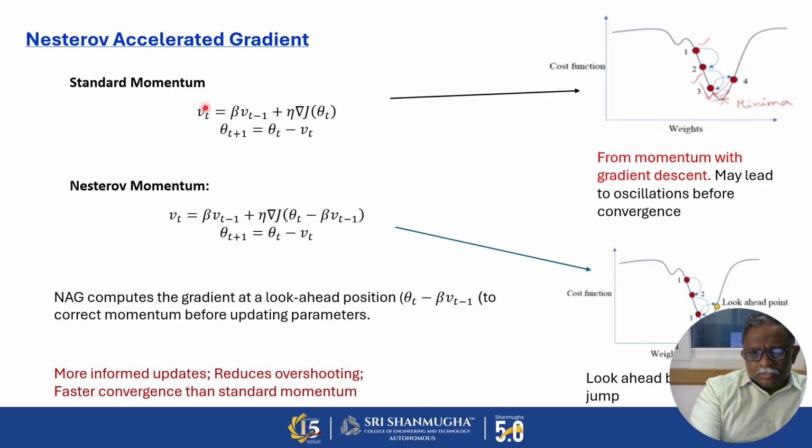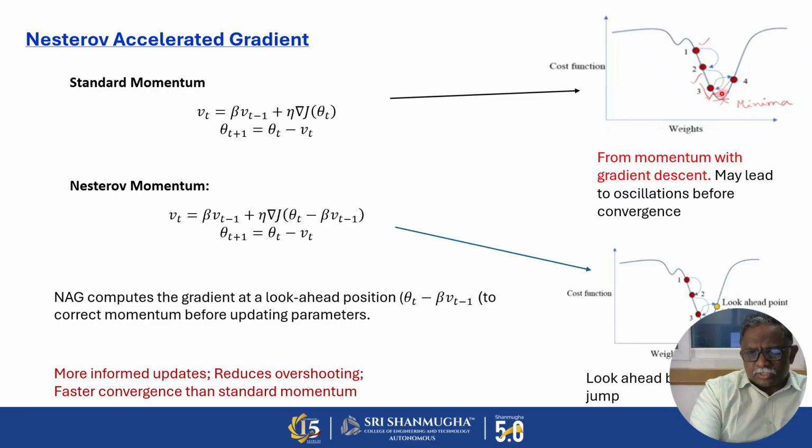Okay, so to avoid that, we use Nesterov momentum. What it does is, before jumping into the next position, it looks ahead. It considers a look-ahead position before jumping to the next point.